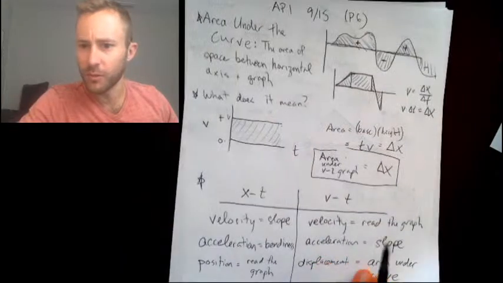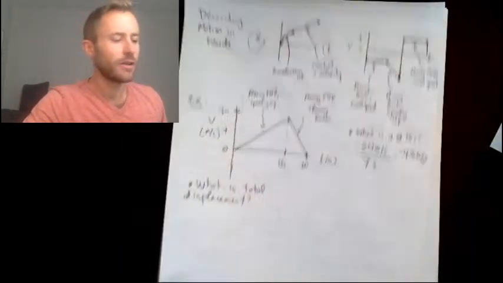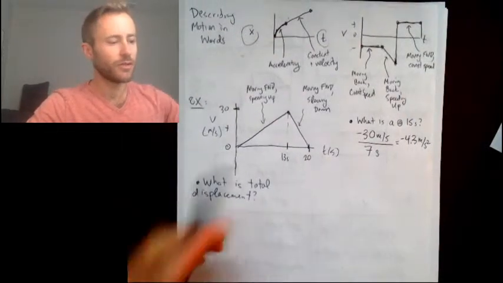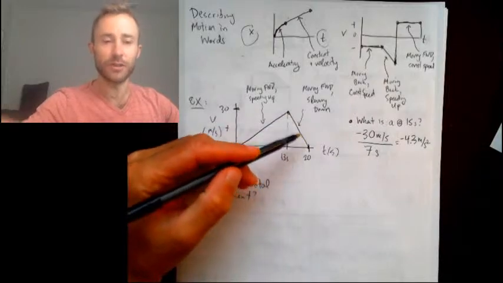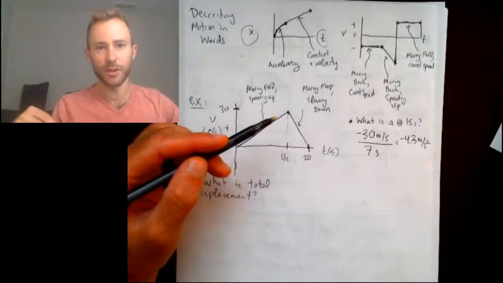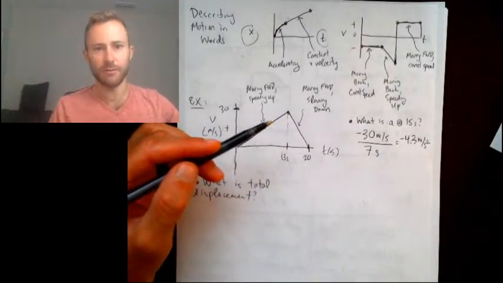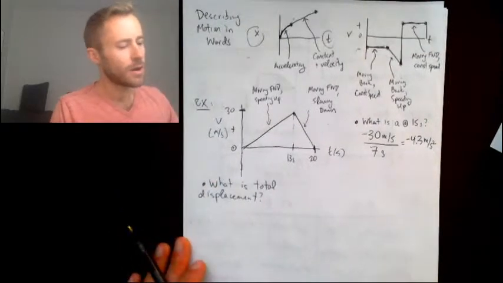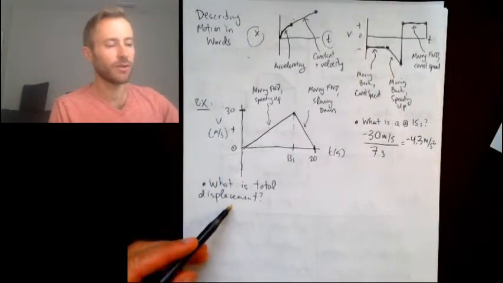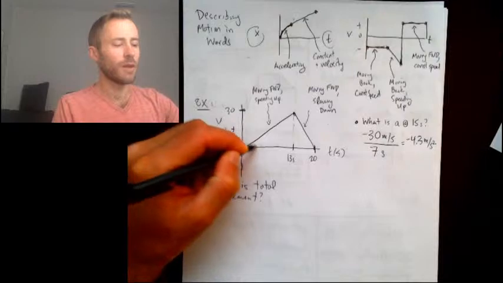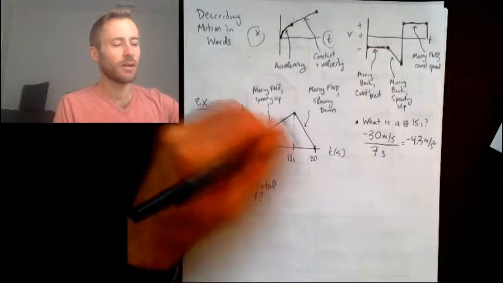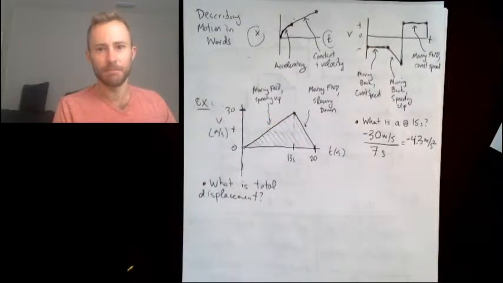Oh, there's a good question of why is it negative 30? It's because this line has a negative slope, so the velocity is going down from 30 to 0, so the change is negative, okay? So total displacement is area under the curve. So what I'm asking for is the area of this region right here, okay?